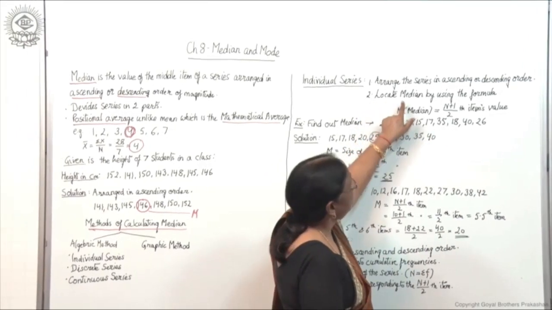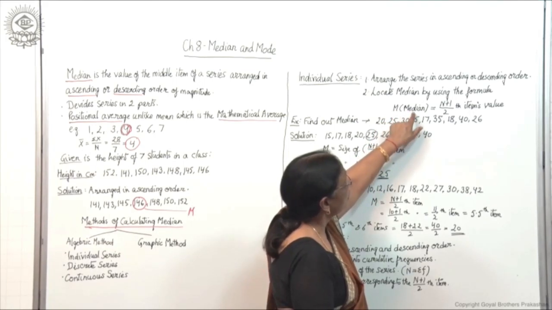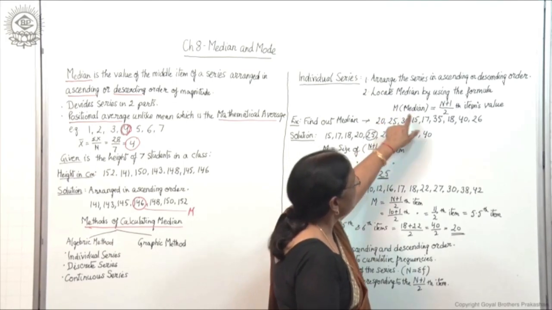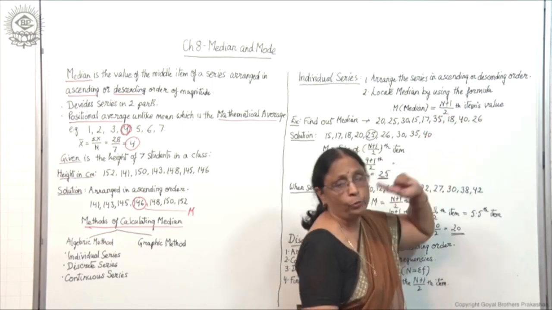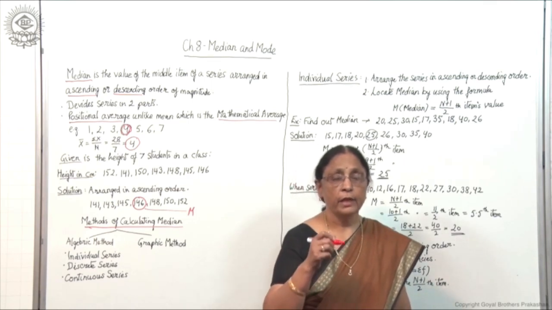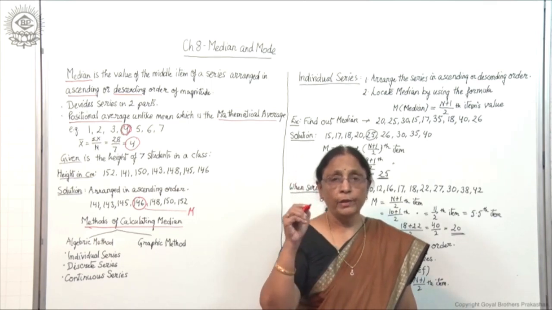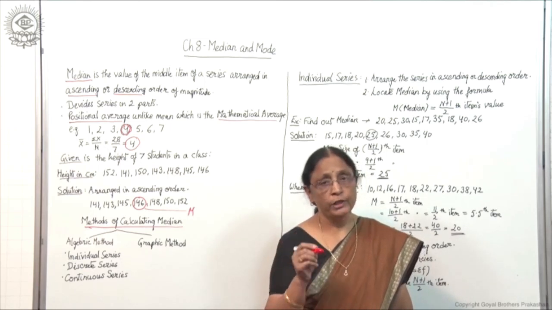Second, locate median by using the formula M. M is for median. So M is equal to (n plus 1) upon 2 th item's value. This is the formula for individual series. And what is n?